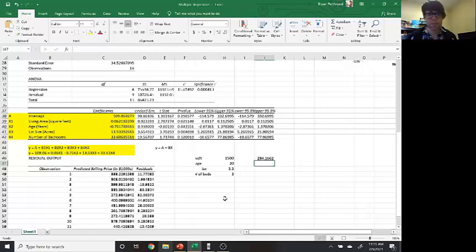So this is a very typical thing that you would see working with actual experiments and actual studies. Now we can also take a look at these slope values and try to determine what these numbers mean. So what does the 109.06 mean? It means that this is like our starting base price. It's hard to interpret this one because we're probably not going to find a house that has 0 square feet living area, 0 age in years, 0 lot size, and 0 bedrooms.